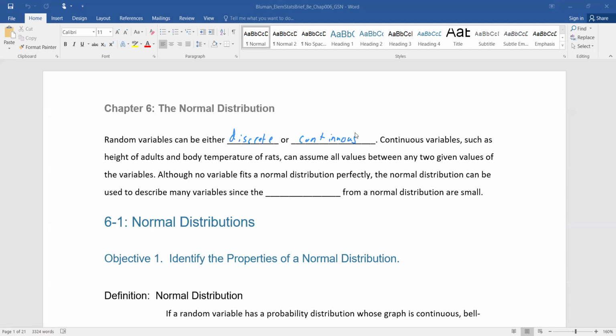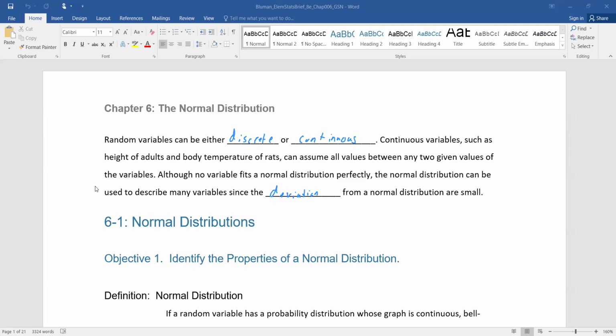Although no variable fits a normal distribution perfectly, the normal distribution can be used to describe many variables since the deviations from a normal distribution are small. So standard deviation plays a big part in normal distribution as well. So in 6.1, that's what we'll look at in this video, talking about normal distributions.